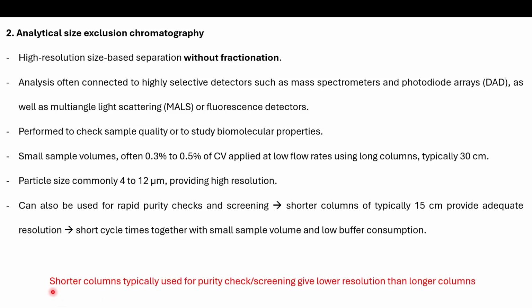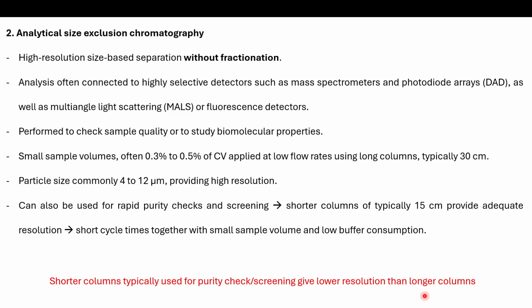One thing to keep in mind is that shorter columns, typically used for purity check or screening, give lower resolution than longer columns. Here it's not interacting, things are passing through the porous matrix, but for shorter columns the resolution will definitely be lesser as compared to longer columns, which give more time to the constituent molecules of the mixture that you have applied.